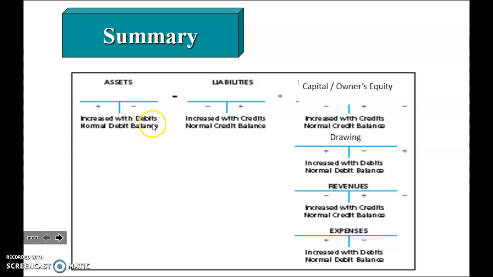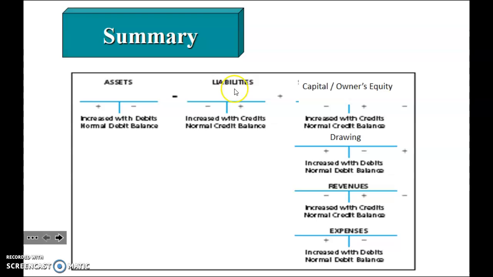Okay, let's look at liabilities. Liabilities are on the other side of the equation. Remember, liabilities are debts of the company, something that the company owes. For example, a car would be an asset, but the car payment would be a liability because it's a debt that the company owes.